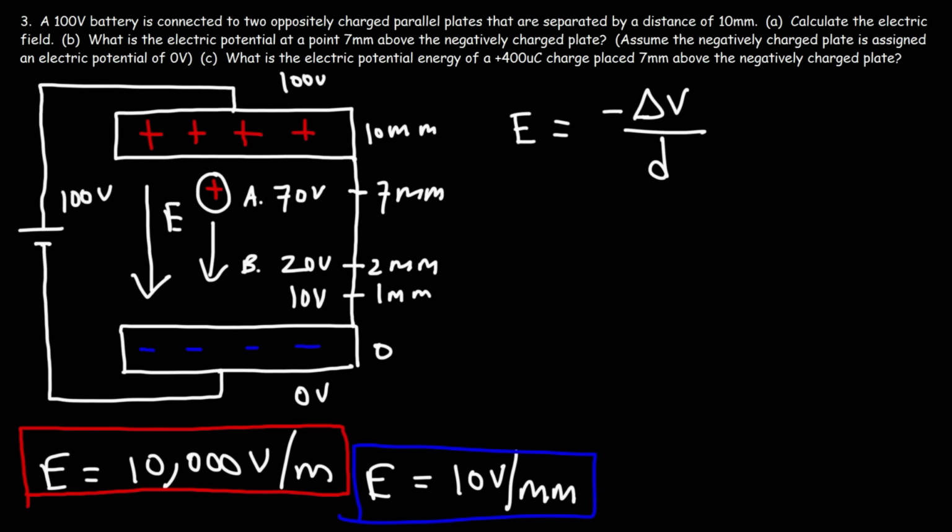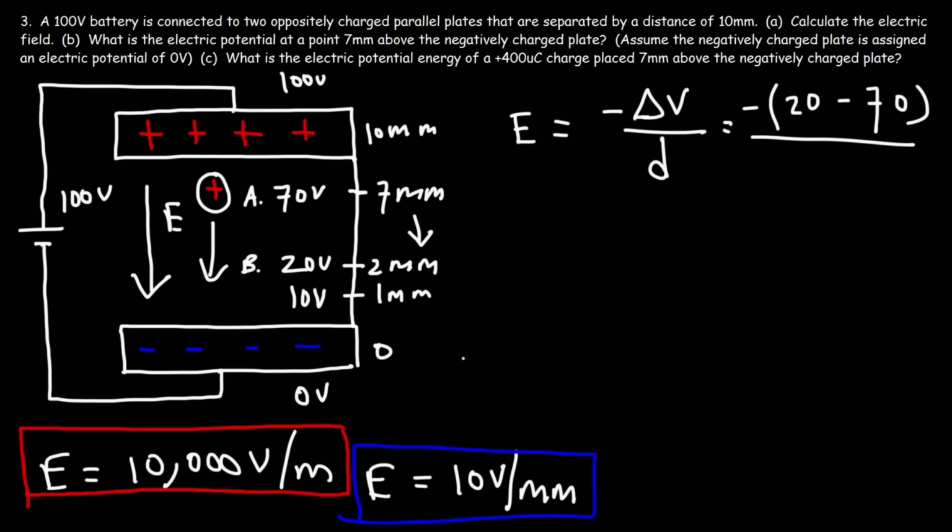So as we move from A to B, how is the potential changing? The final potential is 20. The initial potential is 70, so the change is negative 50. Now the displacement relative to the negatively charged plate is, what's D?